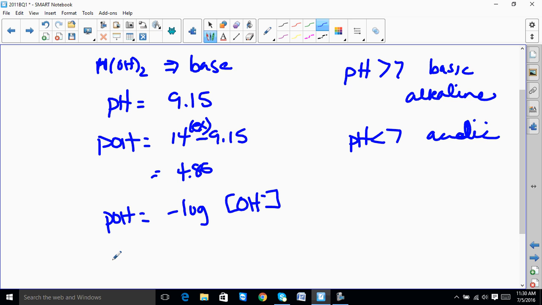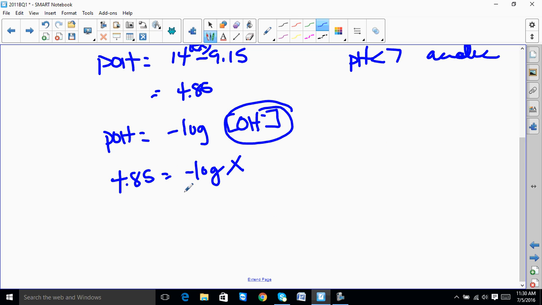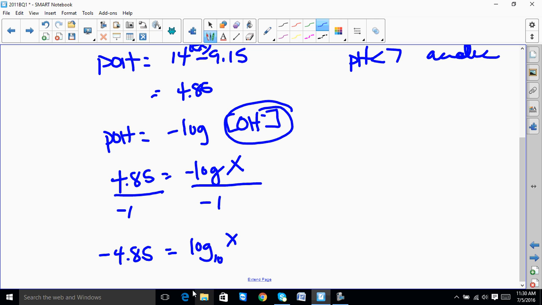If you know this is 4.85 and you're looking for the concentration, let's call it X so that it matches your math class. The first thing you would do to solve this equation is divide both sides by -1, so you end up with -4.85 equals the log base 10 of x. What's the only thing in all of math that undoes a log base 10? An exponential base 10. So x is 10 to the -4.85.